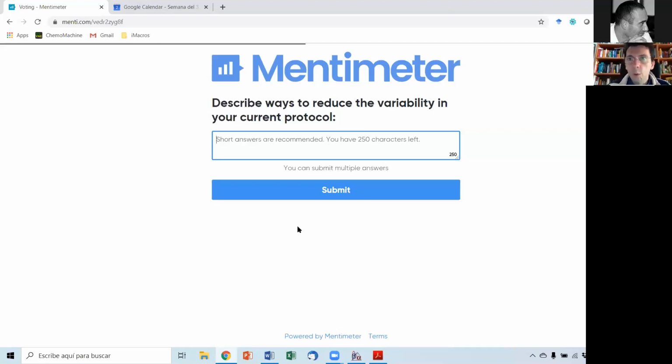Or, for instance, I could block these variables that affect my experiment. I can explain what is the variability caused by these variables, and then it will be easier to show that my treatment is effective. So I'll give you a couple of minutes, 2-3 minutes, to think of different ways of reducing the variability.